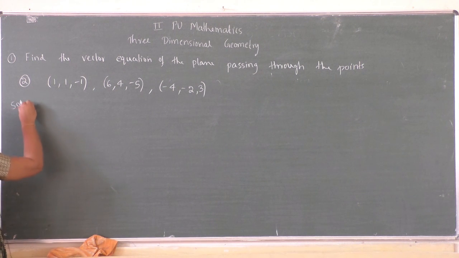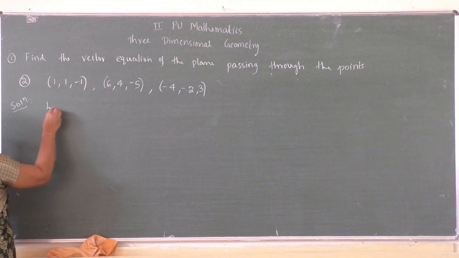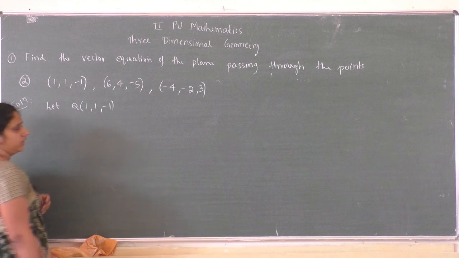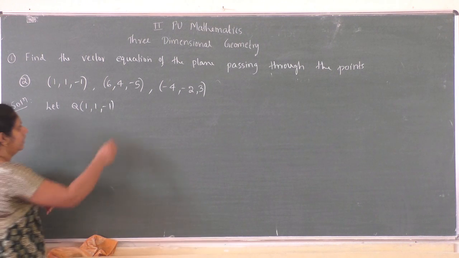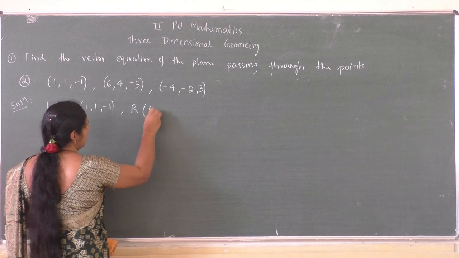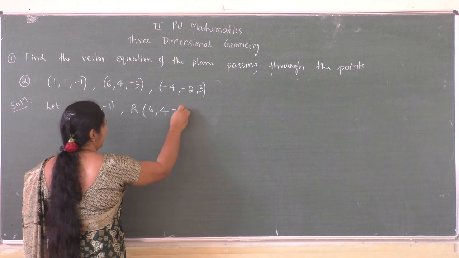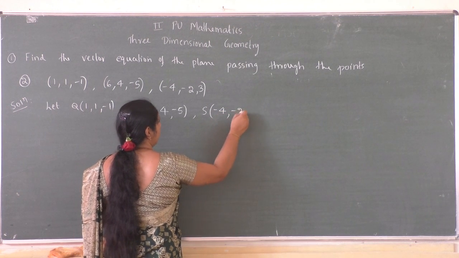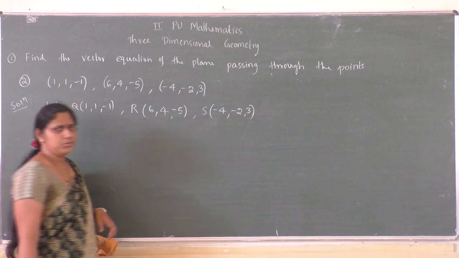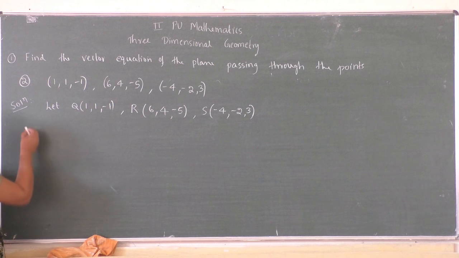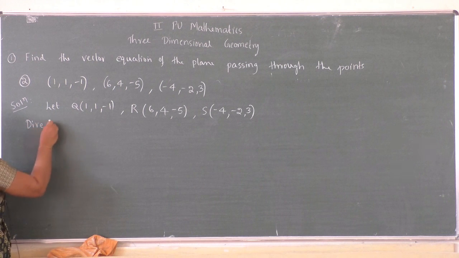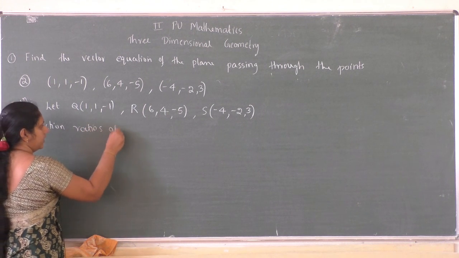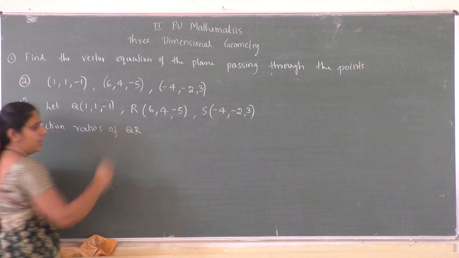Solution: let the point Q be (1, 1, minus 1), point R (6, 4, minus 5), and point S (minus 4, minus 2, 3). First we will find the direction ratios of QR.